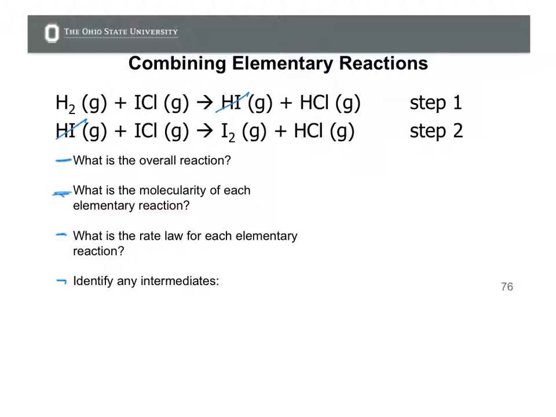Cancel those out. And then I like to write out what is left. So I have H2. I'm going to leave off all the phases. So H2 plus 2 ICl forms I2 plus 2 HCl.